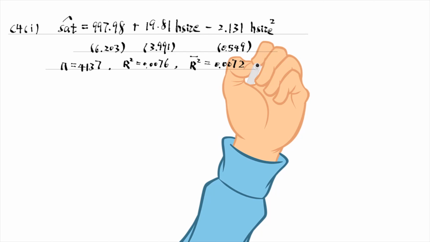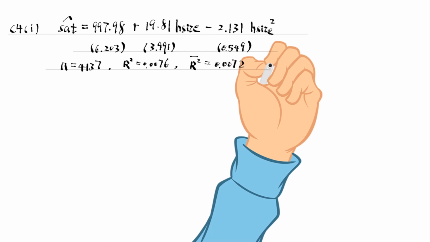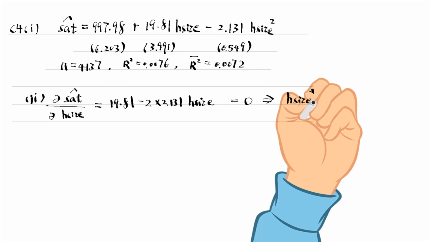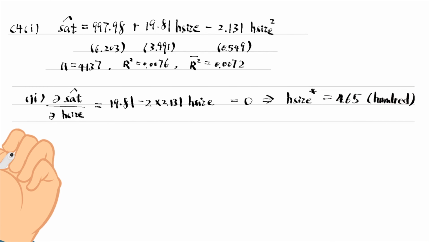The t-statistic is minus 3.88 and the p-value is 0.000. The optimal school size is when the marginal effect equals 0. The calculus shows that the optimal point is at 4.65 or about 465 students.